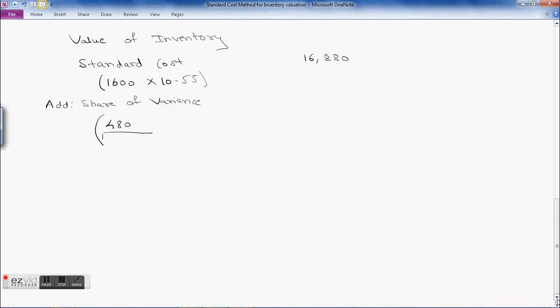So 480 divided by 4100 into the units of inventory, 1600. Now that comes to 187. So the total cost comes to 17,067. So this is the value of inventory as per the standard cost.